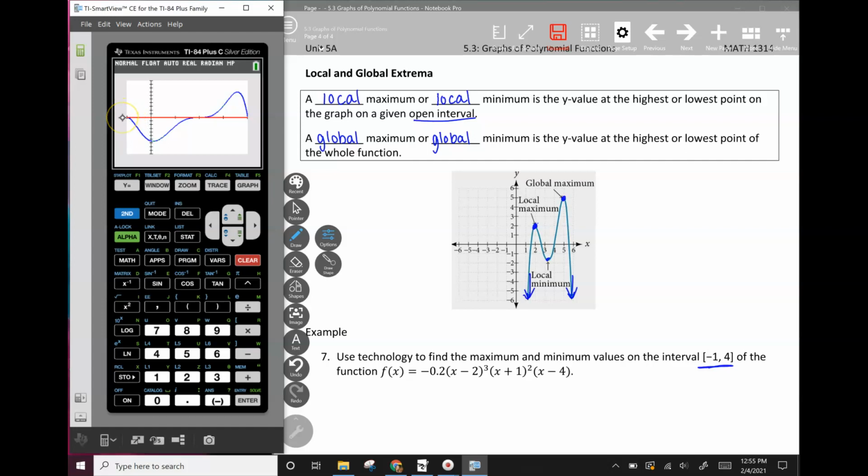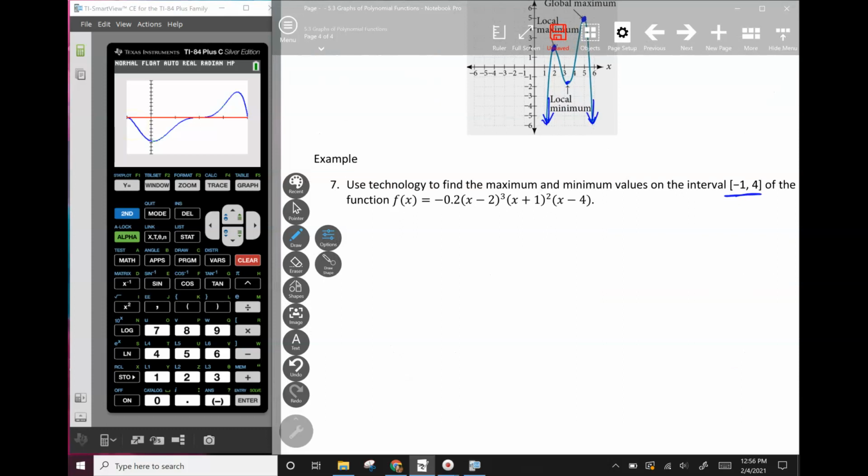So basically, if you can't put an open interval of x values around that, like I couldn't say that's the highest point from -2 to -0.5, right? That would be a local maximum. But I can't go to -2 because my graph stops at -1. Okay, and so that one doesn't count. So for this one, we just have global maximum and minimum.